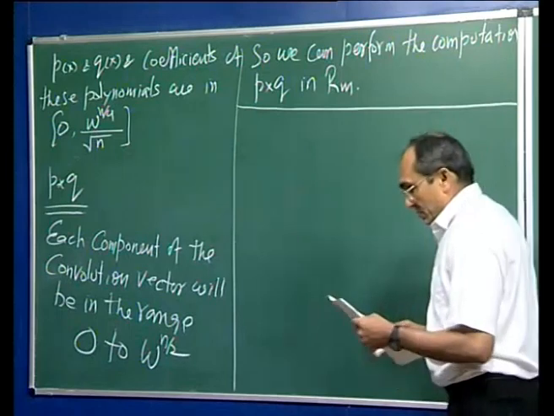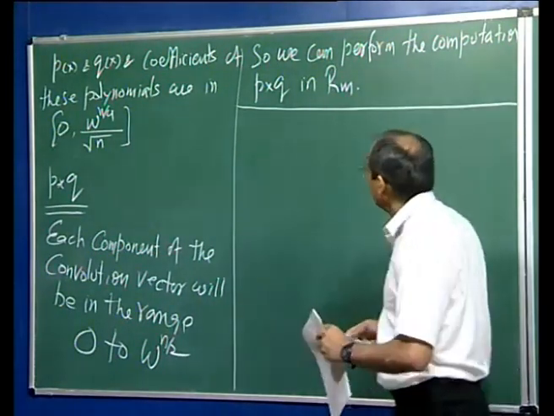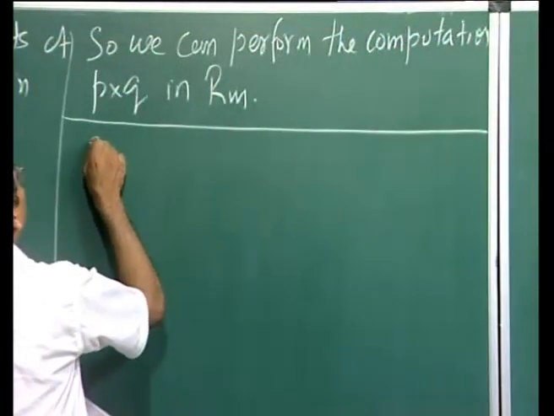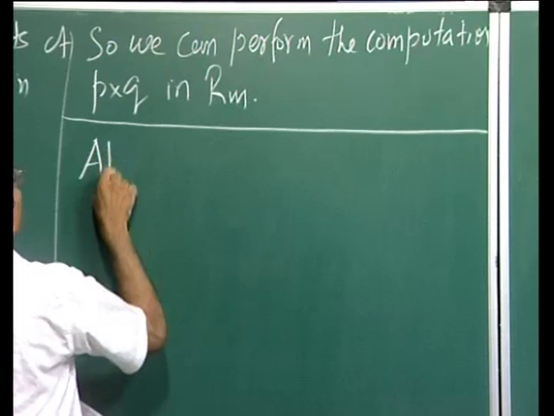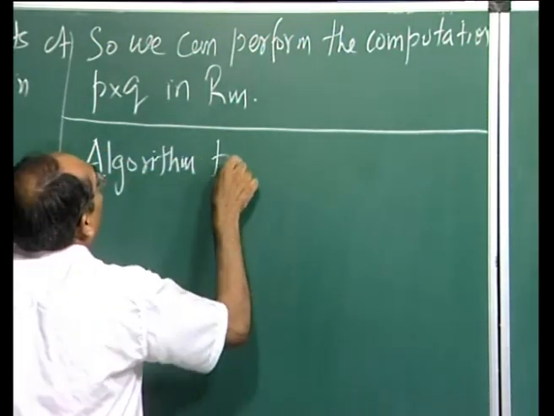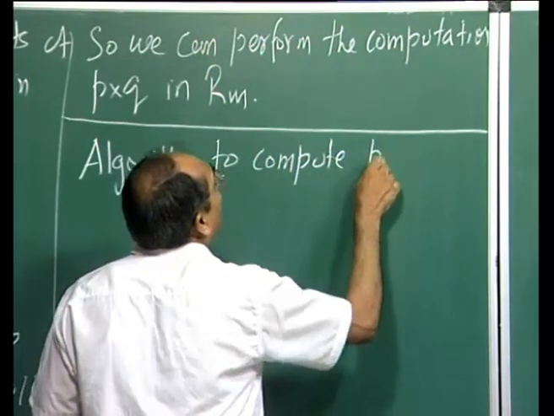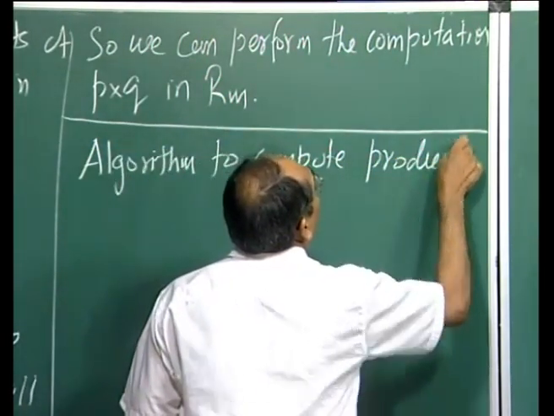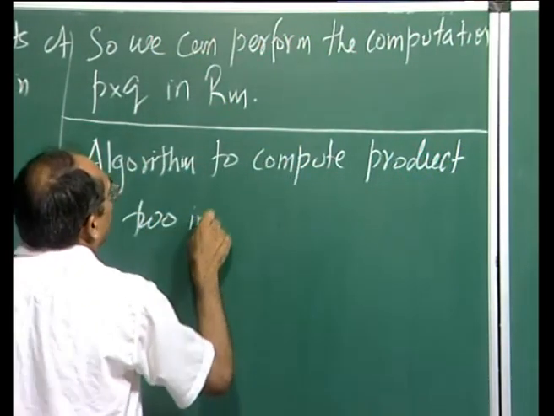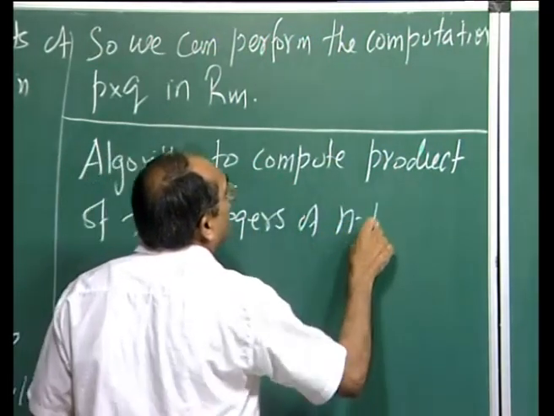Now, we are going to give some initial remarks about an interesting algorithm to compute the product of two integers of n bits each.